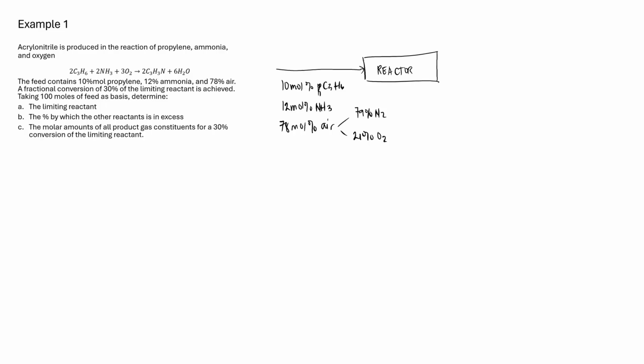Okay. In the effluent gas, yung product stream, there will be C3H3N, yung acrylonitrile, and H2O. Since not all of the limiting reactant is consumed, we can safely say that these three reactants will be in the product stream as well, kasi hindi sila naubos.